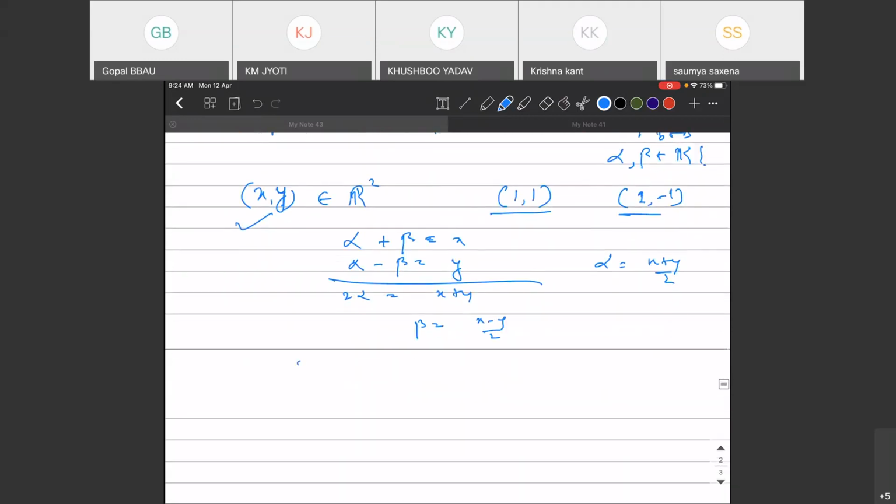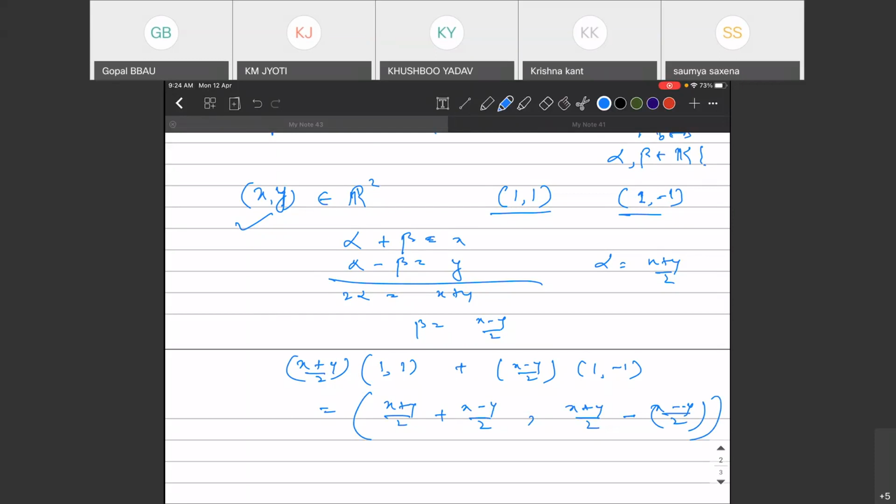So when you make this calculation, (x plus y) by 2 times (1, 1) plus (x minus y) by 2 times (1, minus 1), you will get (x, y). This is (x plus y) by 2 plus (x minus y) by 2, and (x plus y) by 2 minus (x minus y) by 2.